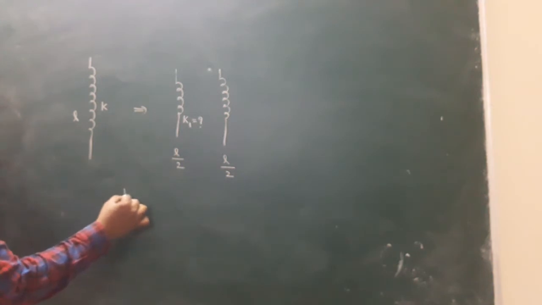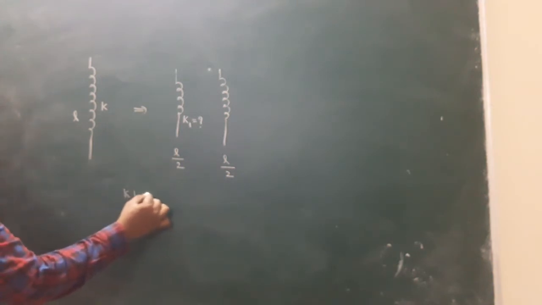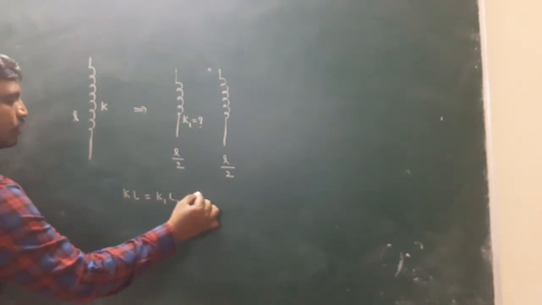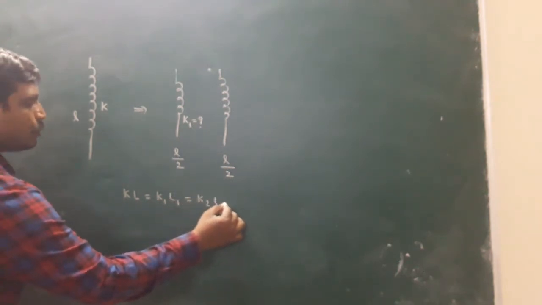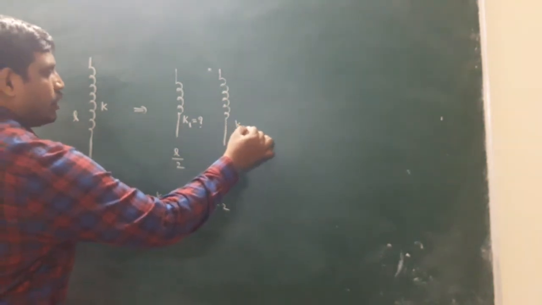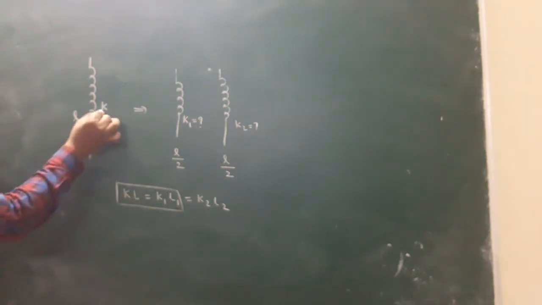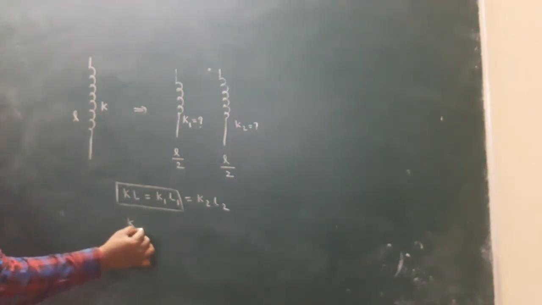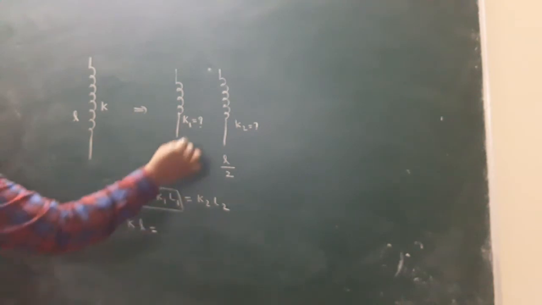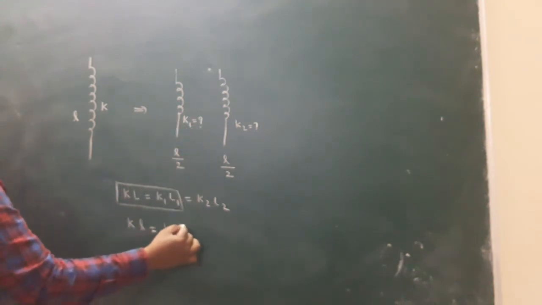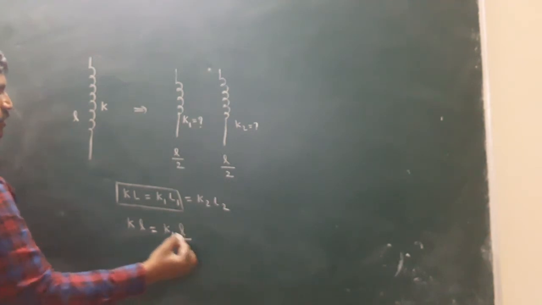Before that, I give one formula: KL equal to K1 L1 equal to K2 L2. Now take these two formulas. In the first, K is K, L is L. Here K1 is to be determined, L1 is L by 2.